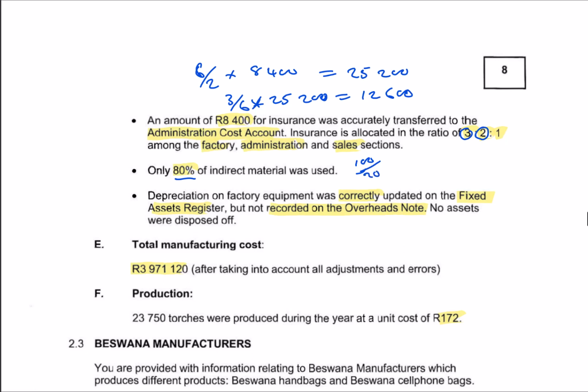So this will be 20% times 11,400, which gives you the full indirect materials during the year. So that will be 100 divided by 20 times 11,400. So you get 57,000.